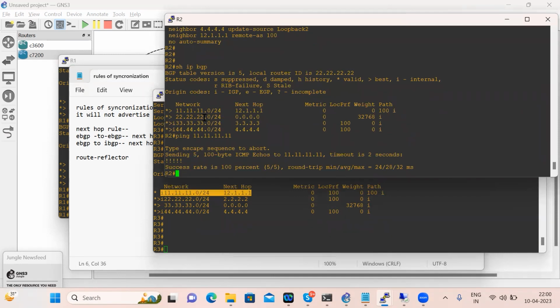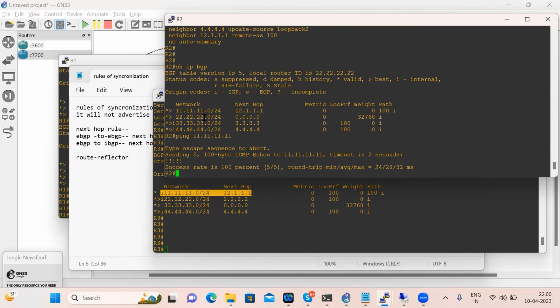Got this point? Okay. What does the eBGP neighbor say? Whatever I am getting from an eBGP neighbor, I will give it to my iBGP neighbor, and that is originating one. Originating means whatever comes from eBGP, simply I will give it to iBGP. But here, the things got lost.